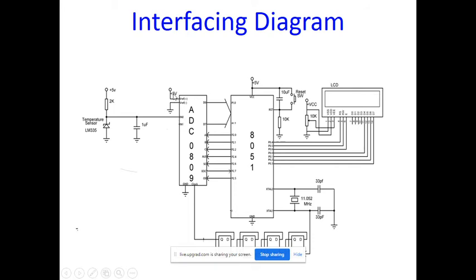Positive reference is there, negative reference is there. 8 data pins are there to read the data and pass it to the 8051. To select one of the channels, there are 3 address channel selection pins, ABC. When you want to select channel number 0, you place A0, B0 and C0. When all 3 are 0, you are interested in channel number 0.